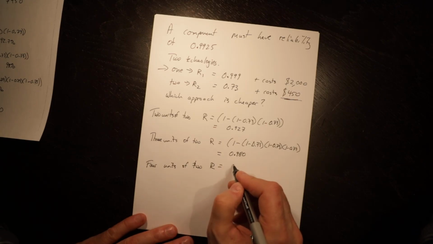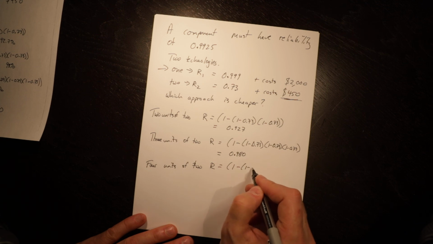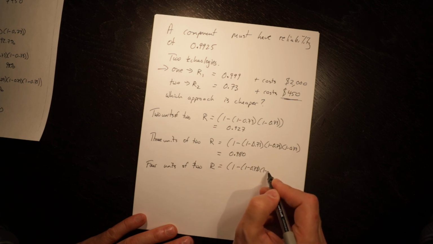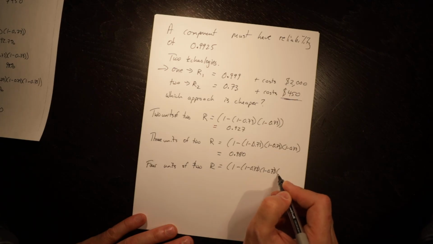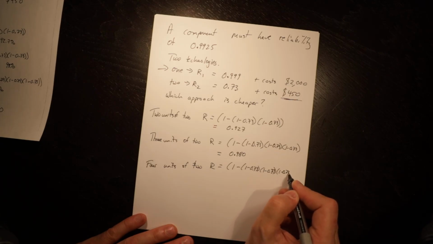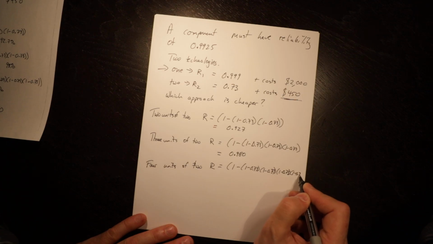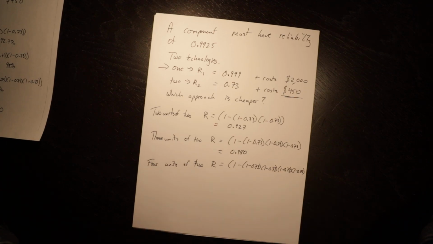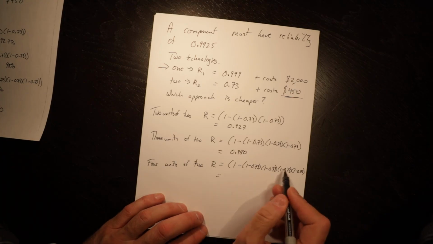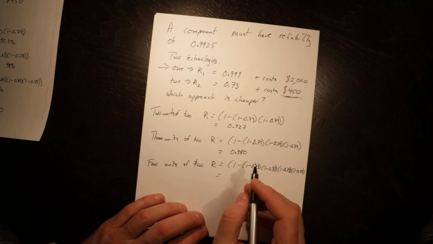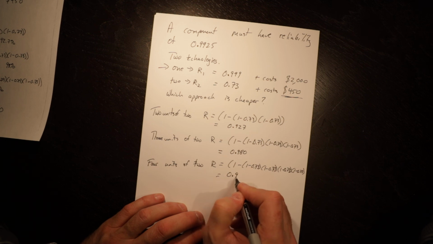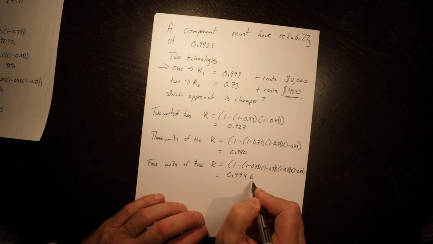R is equal to 1 minus 0.73 times 1 minus 0.73 times 1 minus 0.73 times 1 minus 0.73. We have it 4 times, so that's 1 minus the product of the 4 failure rates, which is equal to 0.9946.